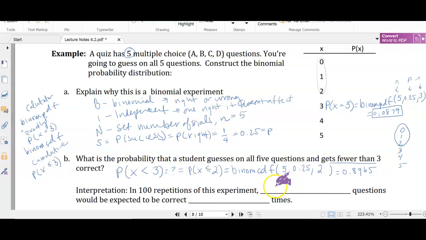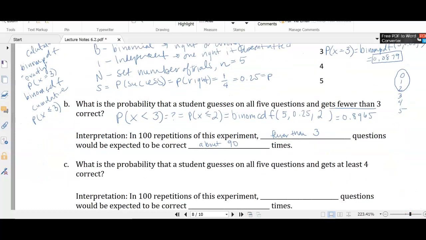So in 100 repetitions of this experiment, fewer than 3 questions would be expected to be correct about 90 times. So if you took 100 different quizzes that had 5 problems, with 4 options per question, and you guessed every single time, you'd expect that about 90 of them had fewer than 3 correct, if it was purely by guessing. Okay? Kind of dissuades you against guessing, right?